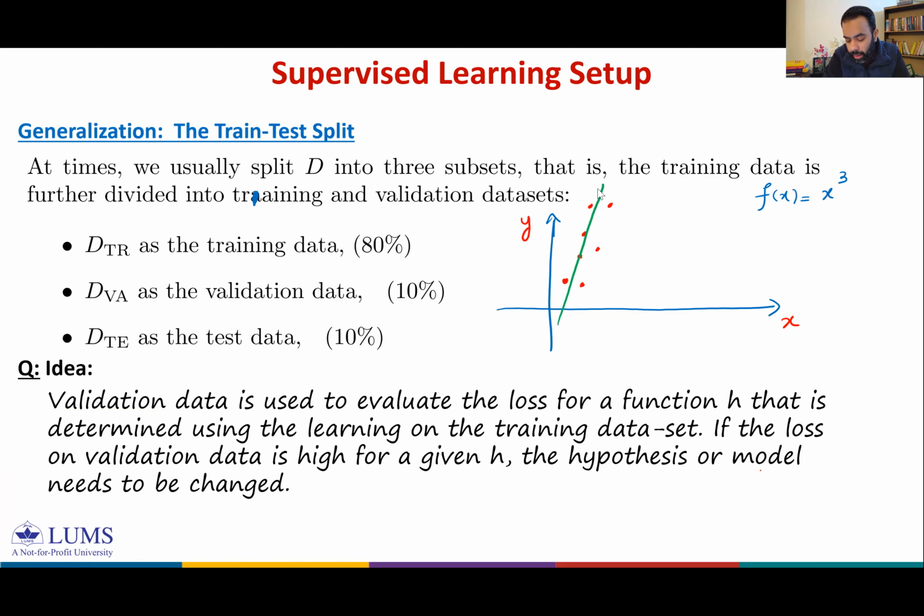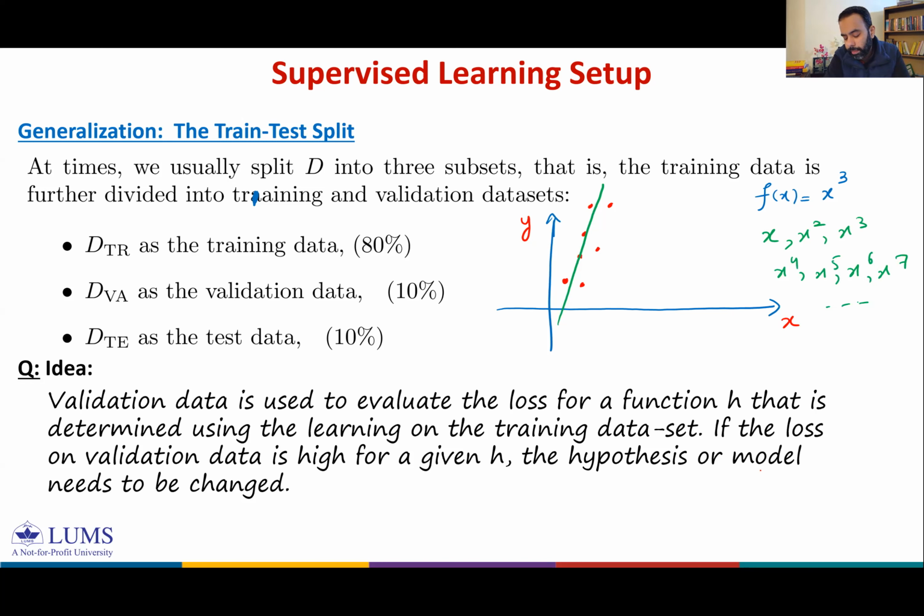Or some of you may say that x square could be a good representative. So possible candidates would be x, x square, x cube, x4, x5, x6, x7, and so on and so forth. Right?